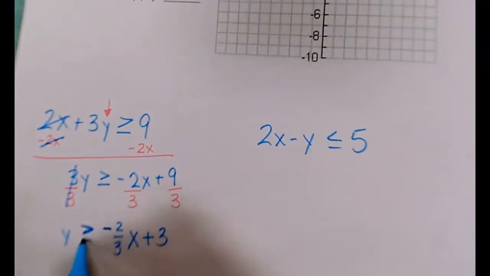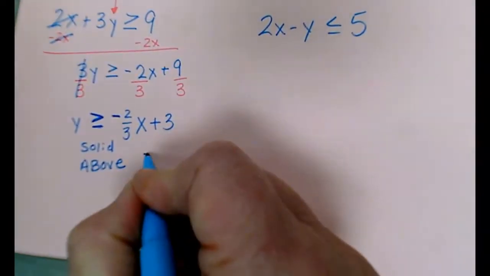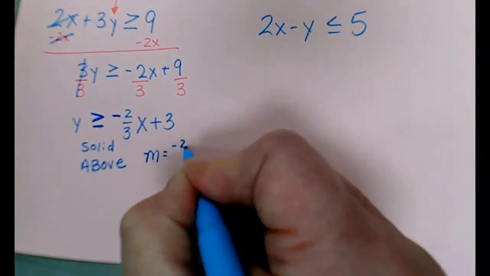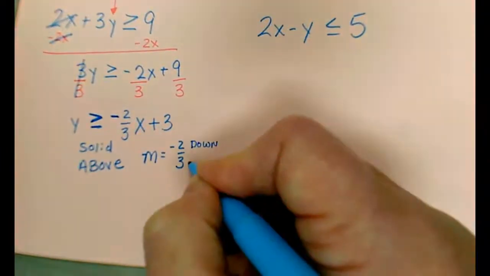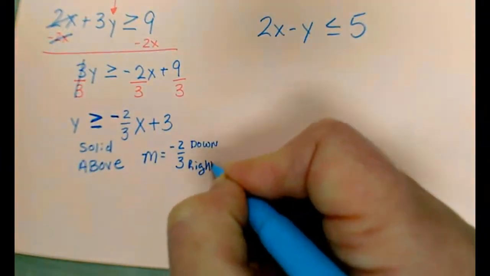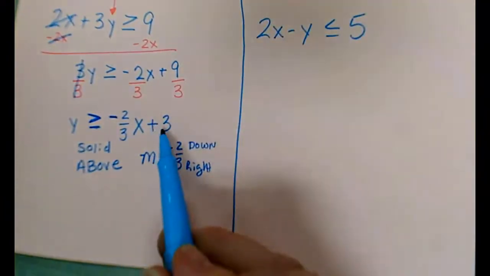So when I graph this, I'm going to graph a solid line. Greater than means that I'm going to graph above the line. A slope of negative 2/3 means I'm going to count down and right when I count my slope. But I'm going to start counting from positive 3 on the y-axis.